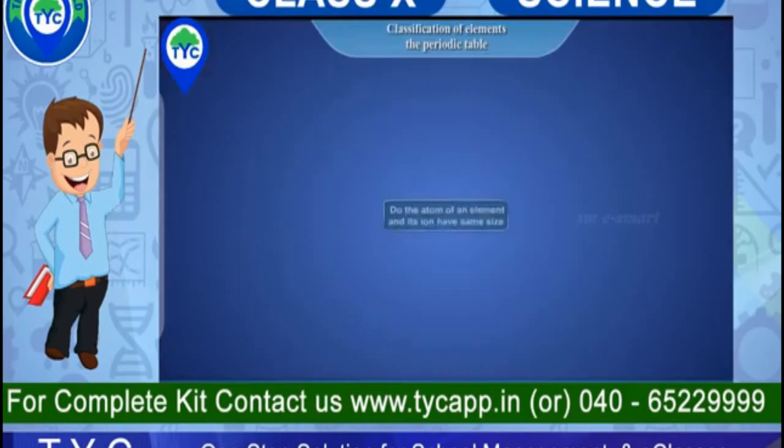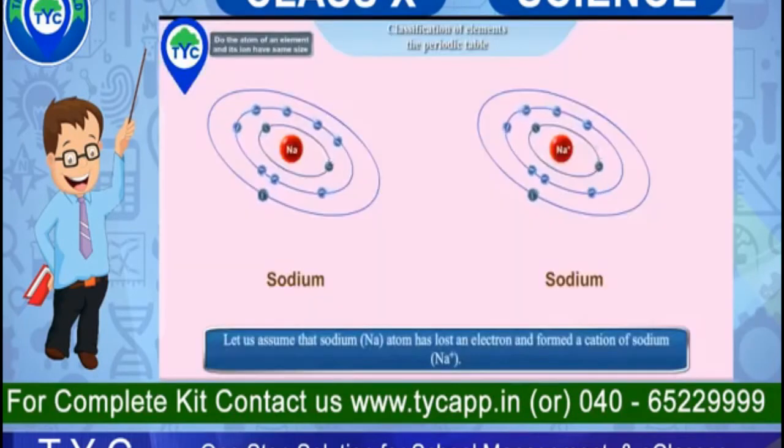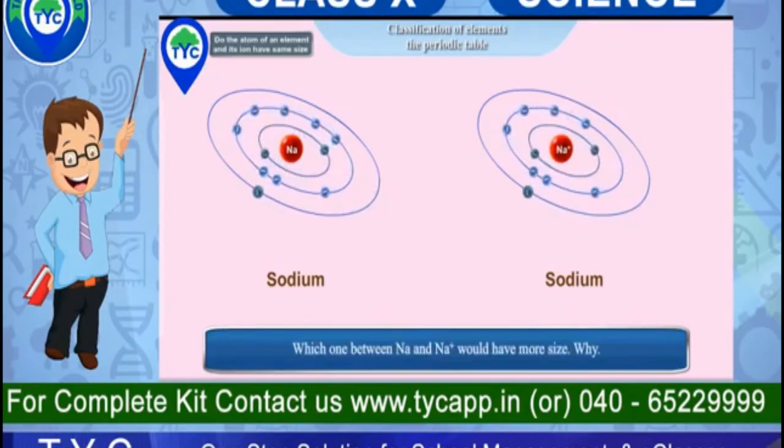Do the atom of an element and its ion have the same size? Let us assume that a sodium Na atom has lost an electron and formed Na plus. Which one between Na and Na plus would have more size? Why?